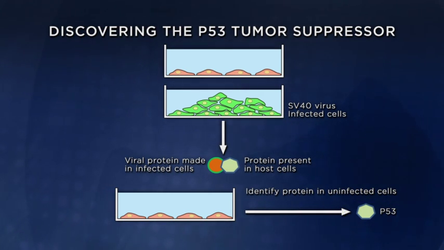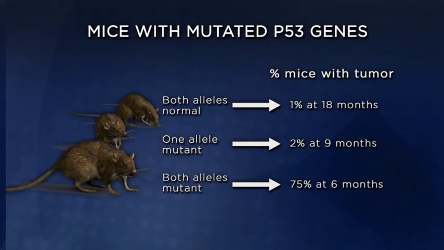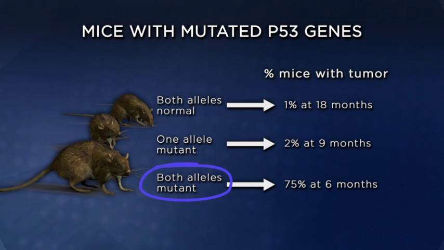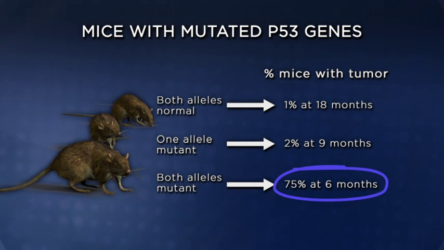Is this a gene that's involved with cancer? Yeah. If they breed some mice that have mutations in P53, the mice have big problems. In this graphic, it shows that if a mouse has two alleles that are mutant for P53, it doesn't have this tumor suppressor, and 75% get tumors within 6 months.